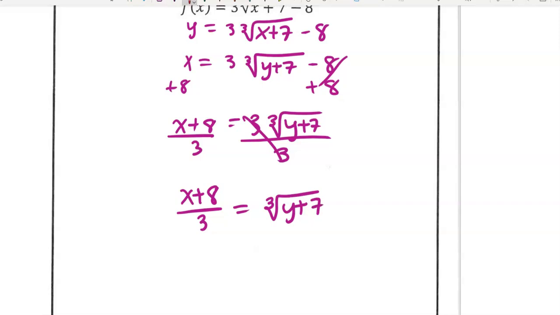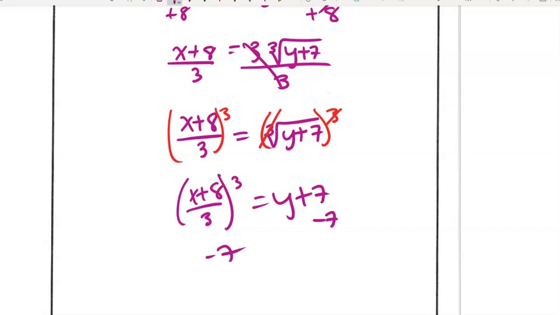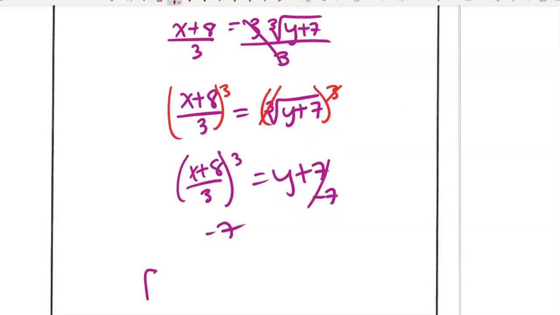Next step is to cube both sides, the entire sides. Last step is to subtract 7 on the outside of the cube root.